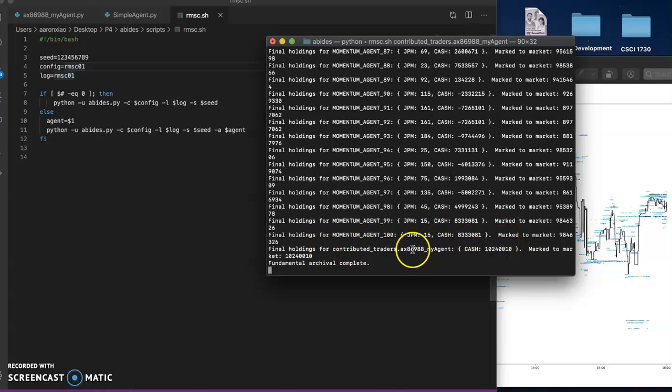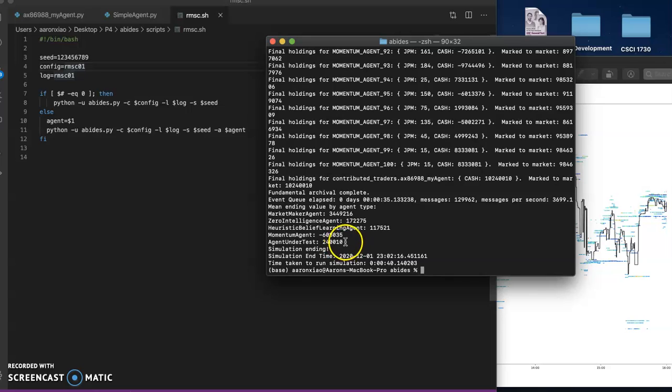So for this seed in particular, converting that to dollars, it's around 2,400. So that's a bump compared to the simple agent trader.